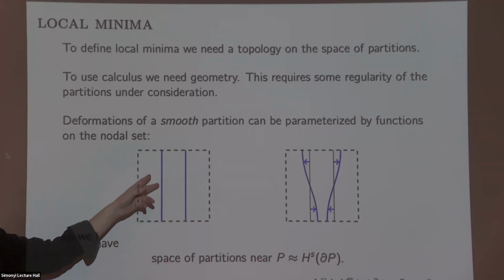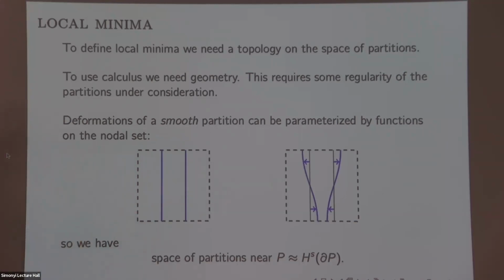And then any deformation of this is just parameterized by some smooth function on that boundary. It just tells me how much to move in the normal direction, like in this picture here. So in this case, we can say, at least in a neighborhood of P, that's this partition, the set of nearby partitions is parameterized by some suitable function space, say some Sobolev space of functions on the boundary. That gives you a local Hilbert manifold structure. You can do first and second variations.